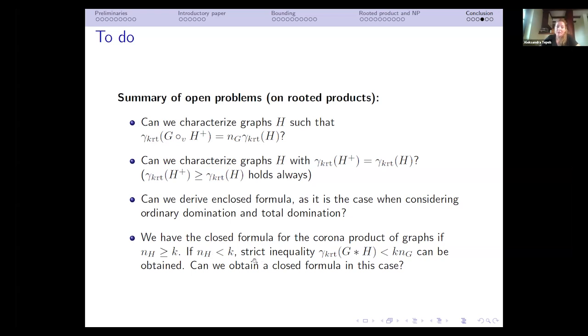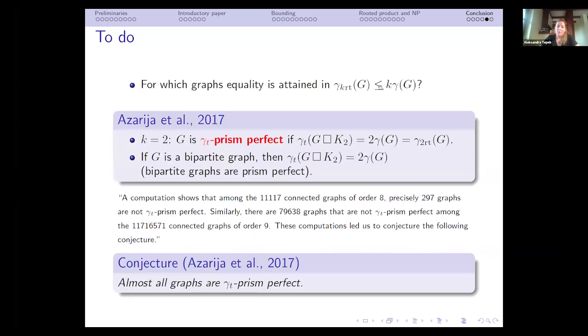And finally, we saw this upper bound before, yeah, trivial upper bound, but when is it attained? This seems to be a natural question, but I believe it might be quite challenging. Why do I think so?